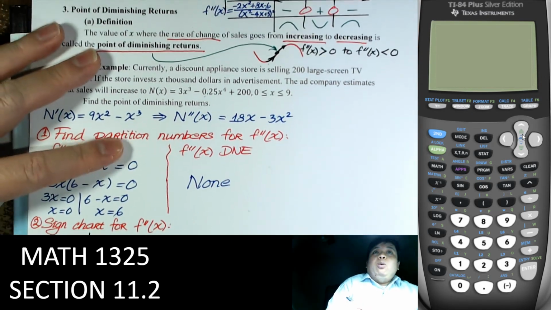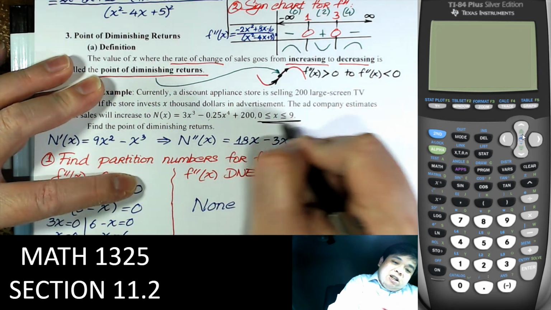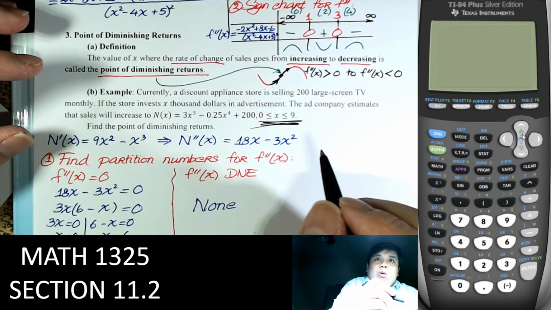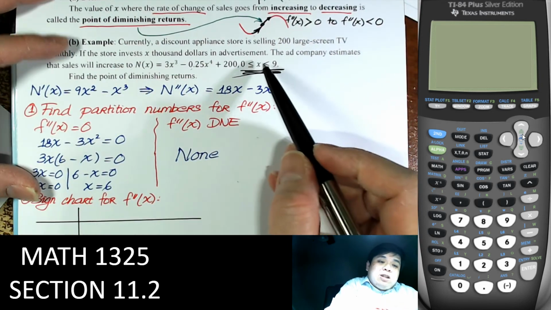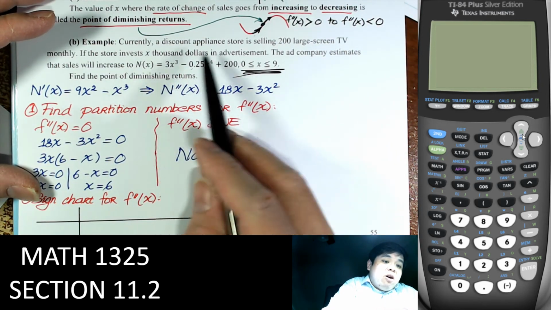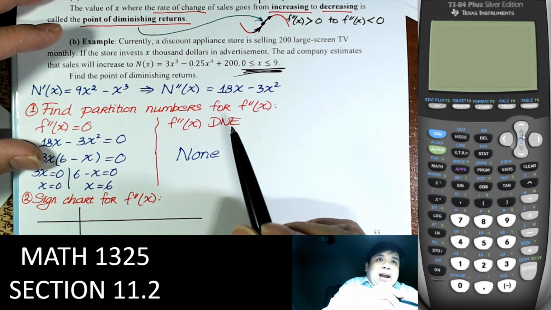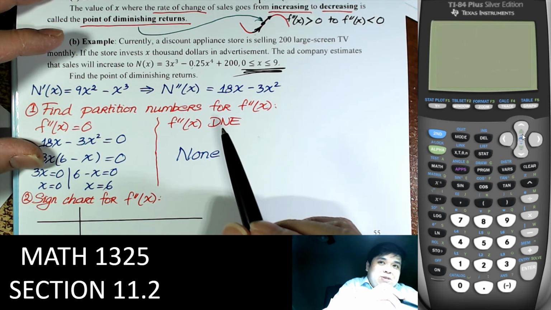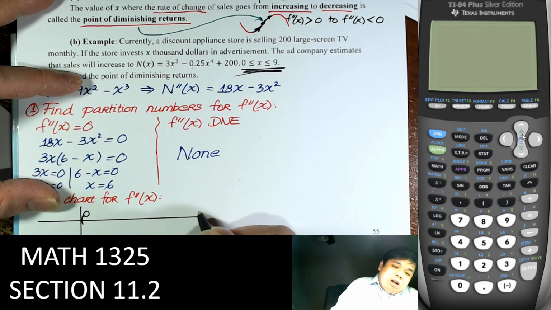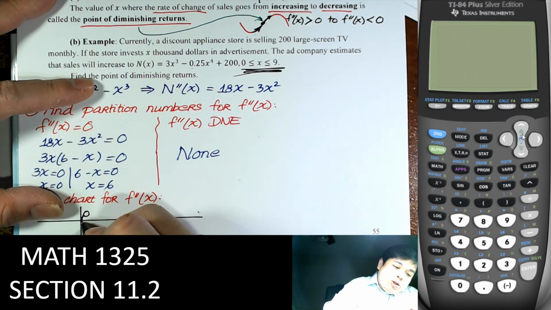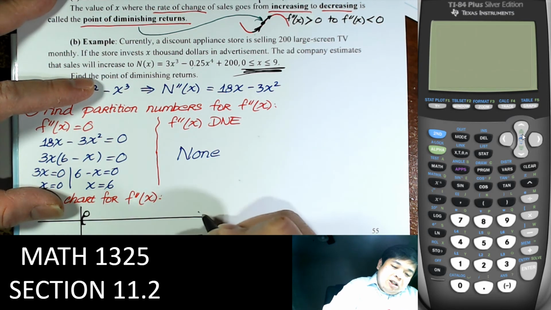One thing we note is that in this case we do not have the whole interval, because x is thousands of dollars in advertisement, and it cannot be negative. That makes sense, right? And it goes up to 9, with a bracket at 9. So that's what we have.